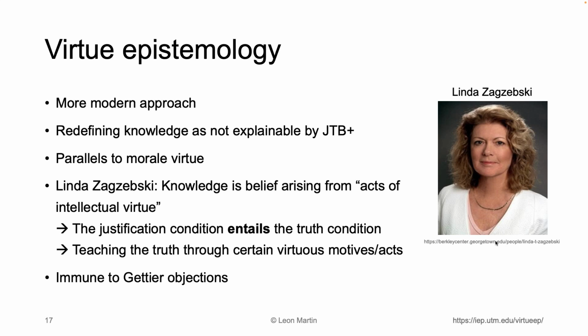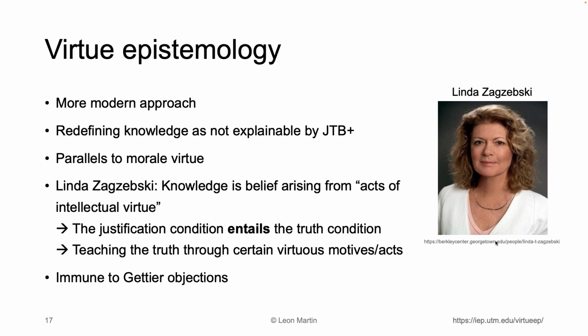So there's an interdependence between the intention and the result of your acts, and this is then transferred into this definition of knowledge. So knowledge is also a belief arising from acts of intellectual virtue. So the justification condition entails the truth condition.